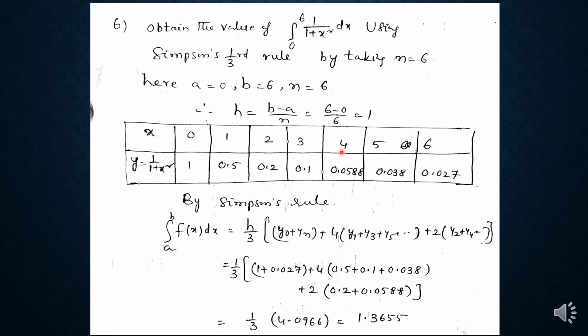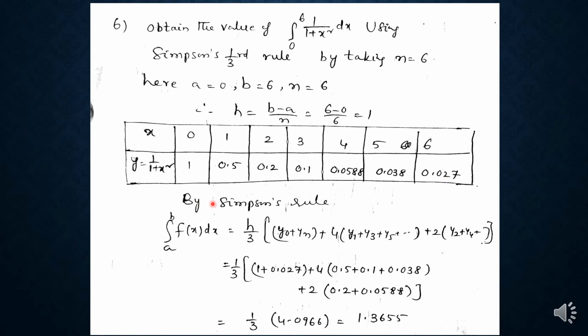Next, x is equal to 4, 4 square is 16, 1 by 1 plus 16, that is 1 by 17, that is 0.0588. Next, 1 by 1 plus 5 square, 25 plus 1, 26, 1 by 26 is 0.038. And 1 by 1 plus 6 square, 1 by 37, that is equal to 0.027.